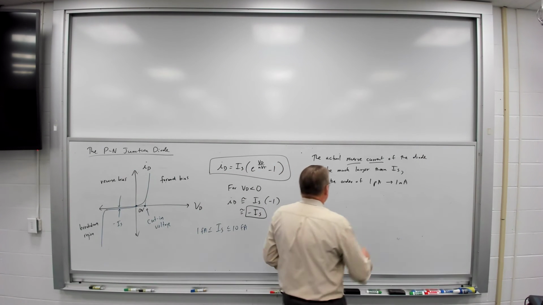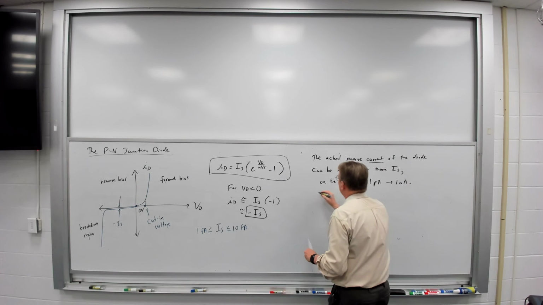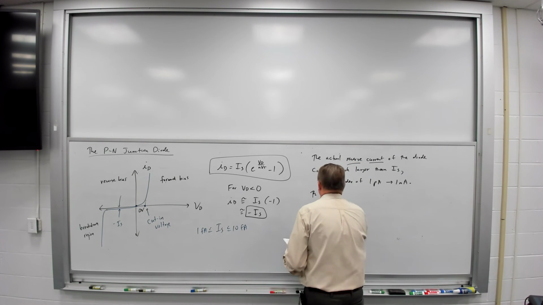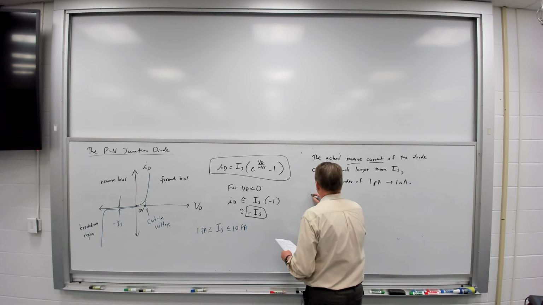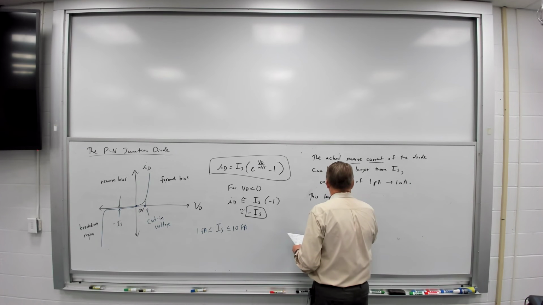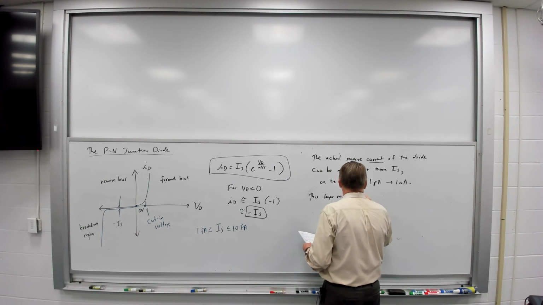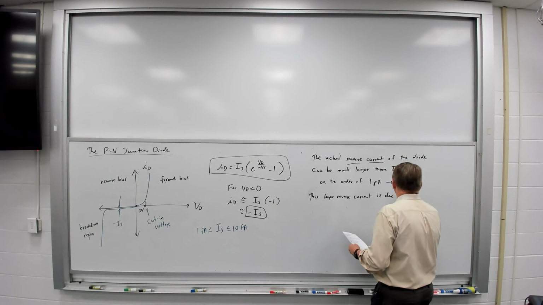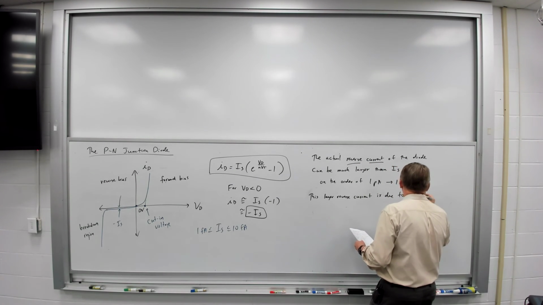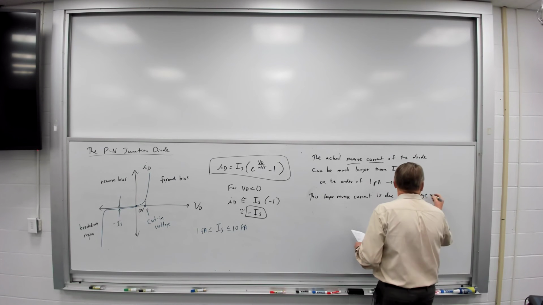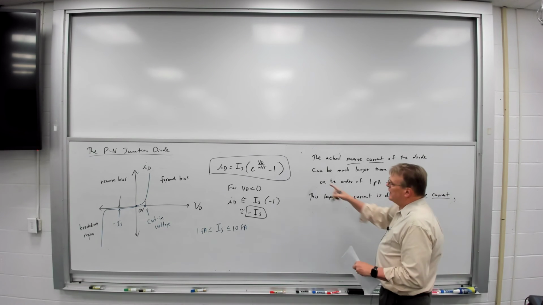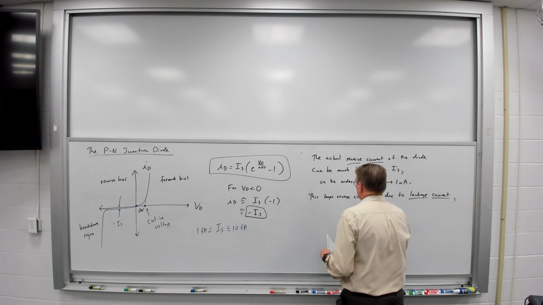It turns out that this much larger reverse current is due to what's called leakage current, which is not accounted for in this p-n diode equation.